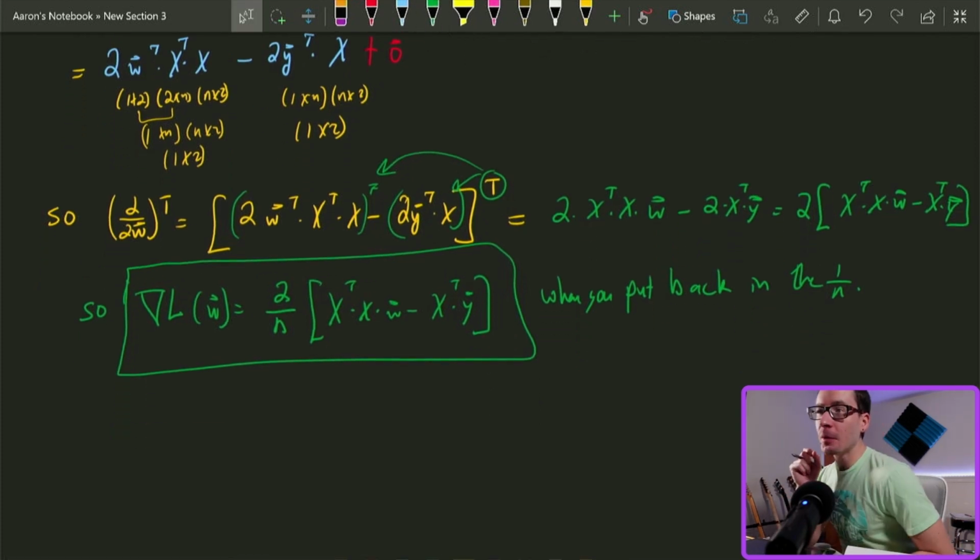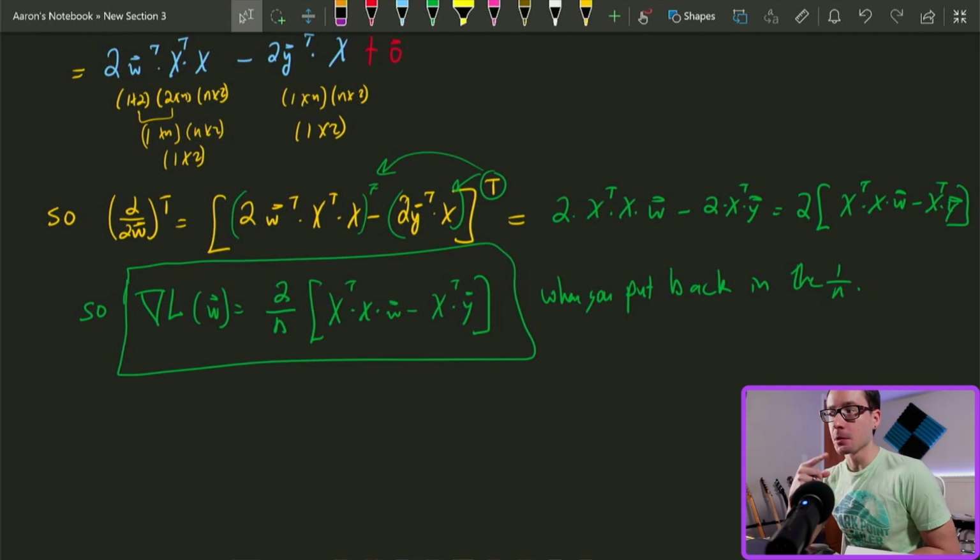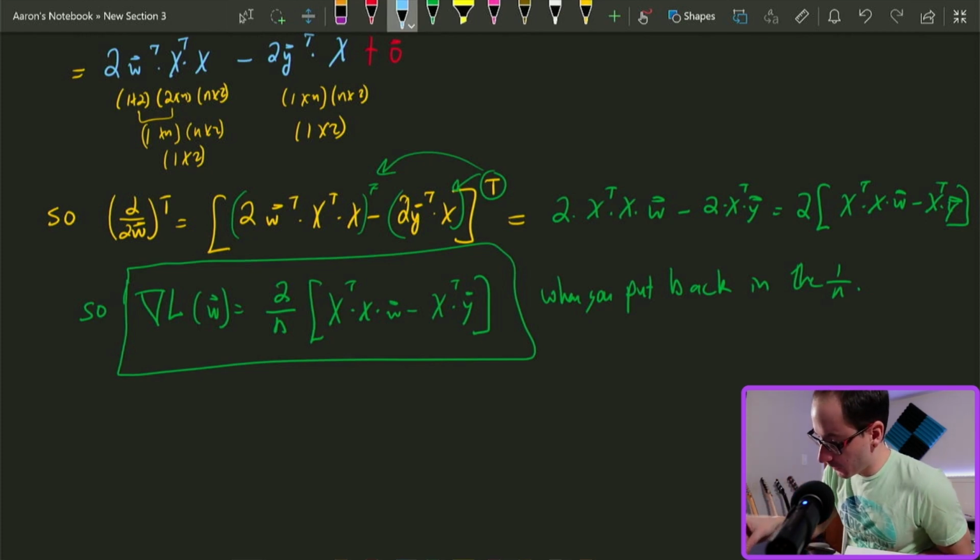Actually, there's one slight further simplification I will make that will help us in terms of thinking about coding this. And that is that we have an X transpose common on both of these pieces right here.